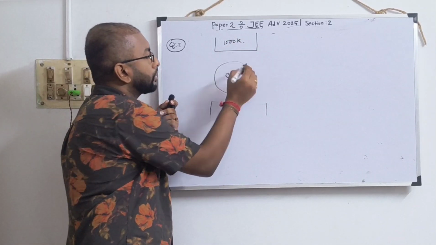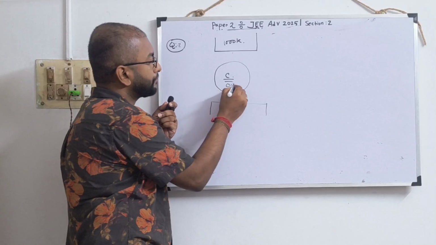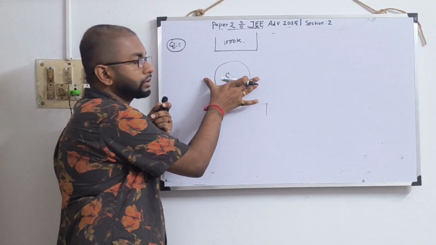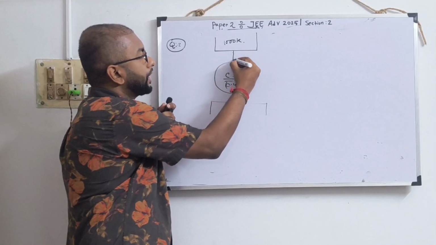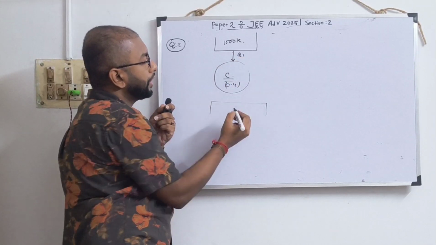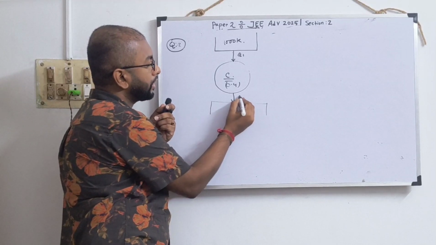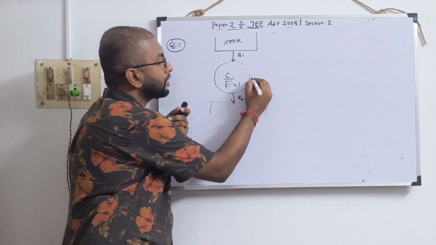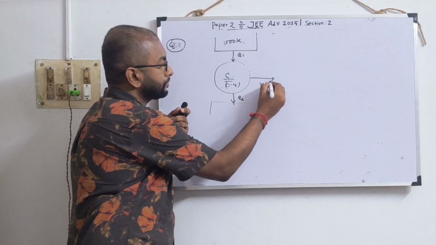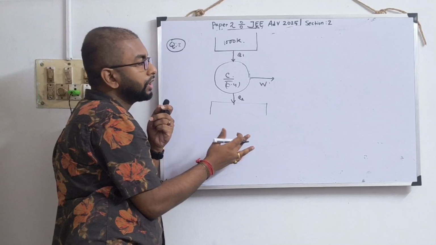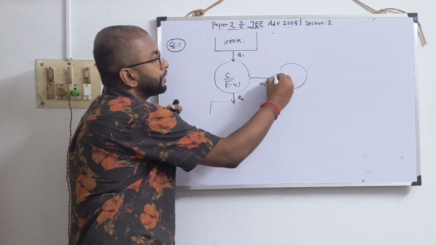The efficiency of the Carnot engine is given as 0.4. So that means the Carnot engine will take heat from the hot reservoir. Let's say this heat is Q1. It will reject some heat to the cold reservoir, and by doing that it will give some work output. And this work output is fed to a heat pump.